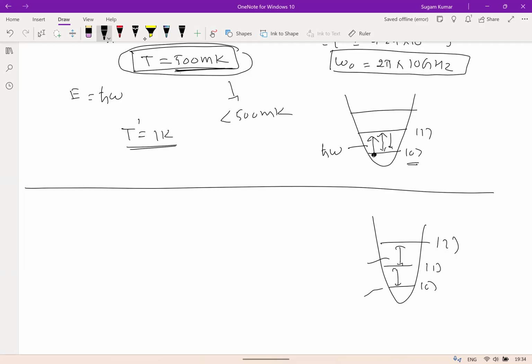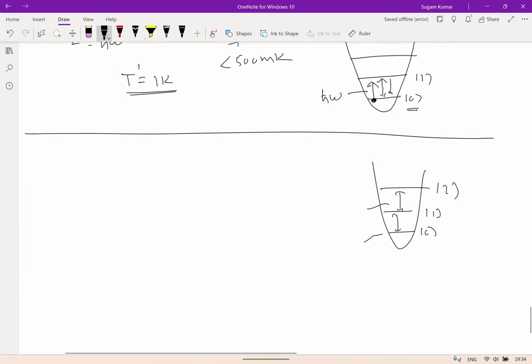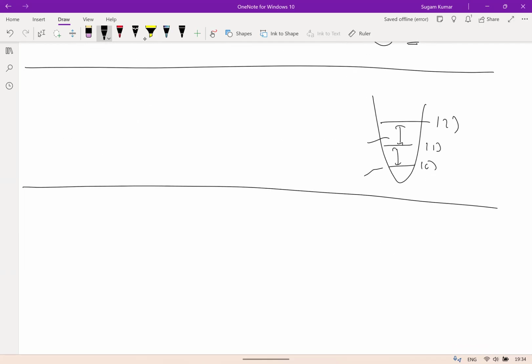So what I need to do is make this system anharmonic. So the question is, how to make an anharmonic LC oscillator.